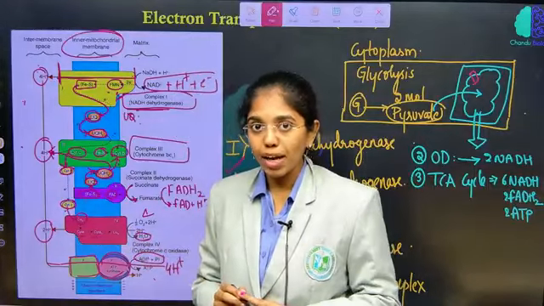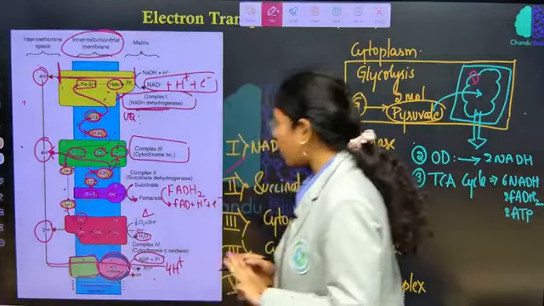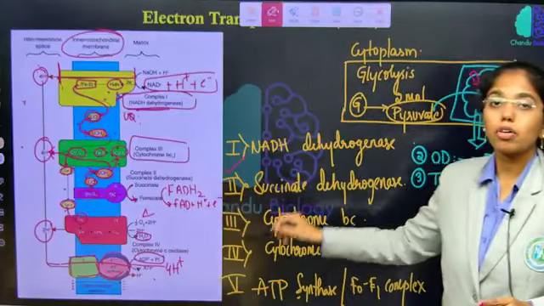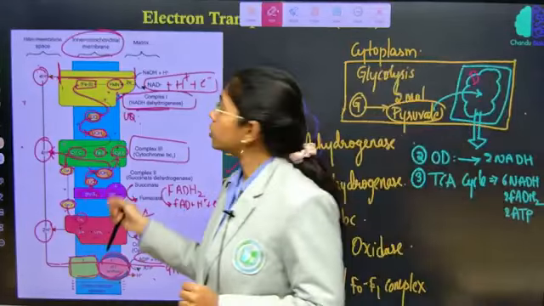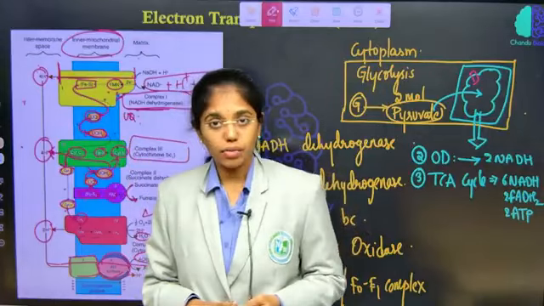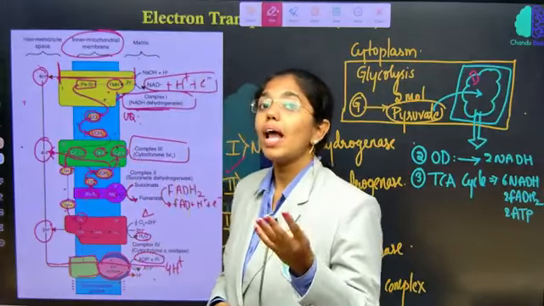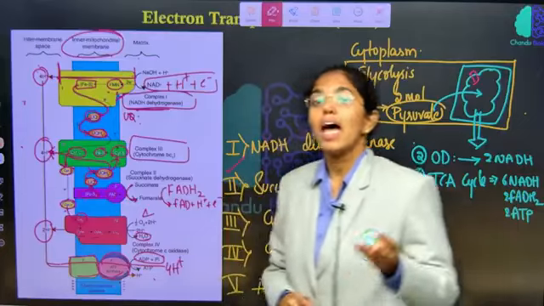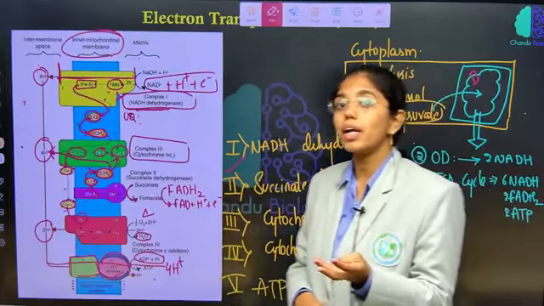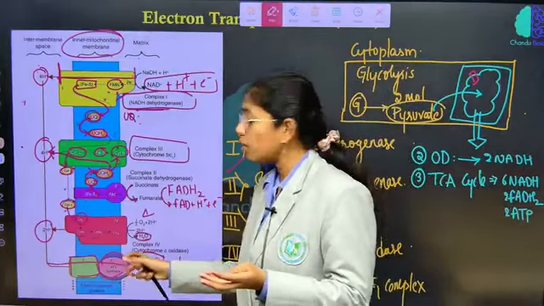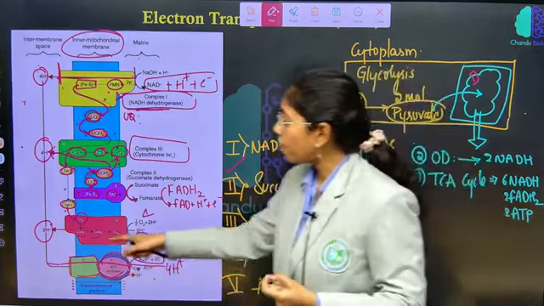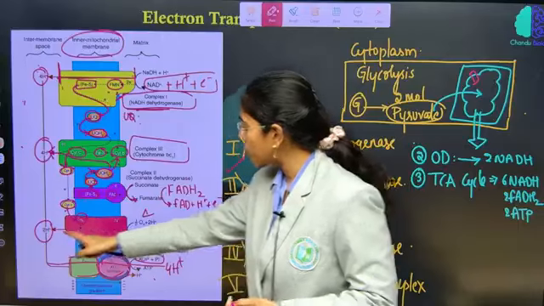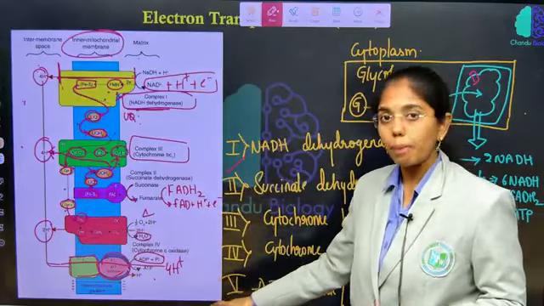Followed by the ultimate electron acceptor of ETS, which is the oxygen molecule present in the mitochondrial matrix, and complex 5 will have F0 F1 channels. F0 will be embedded inside the inner mitochondrial membrane and F1 will be towards the matrix, which will pump the protons from intermembrane space to mitochondrial matrix.